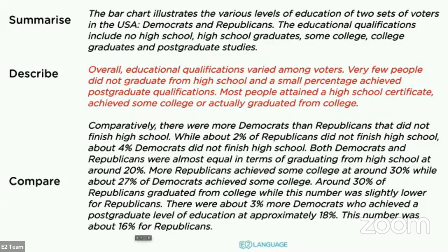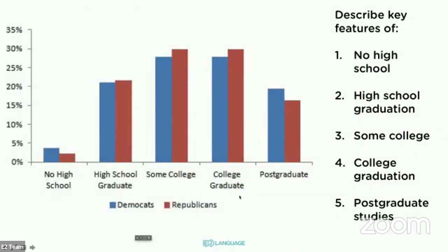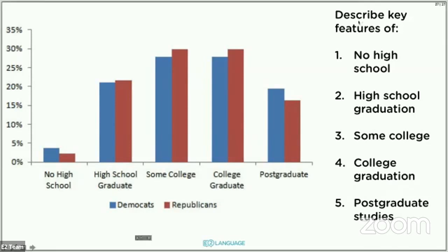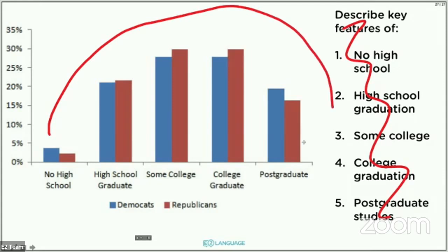And then in the middle of the graph, we had most people attained a high school certificate, achieved some college, or actually graduated from college. So let's look at this again. So what I did, before you look here, don't look here just yet. Just look at this graph. So first sentence, what I did is I just described this overall. And what can you see?